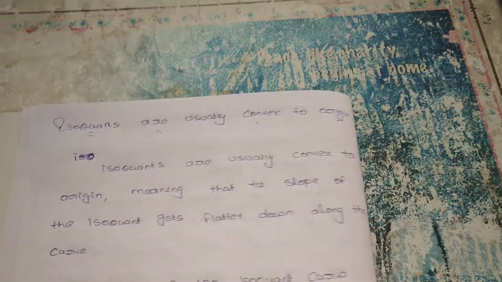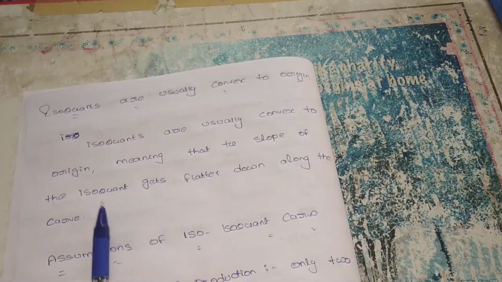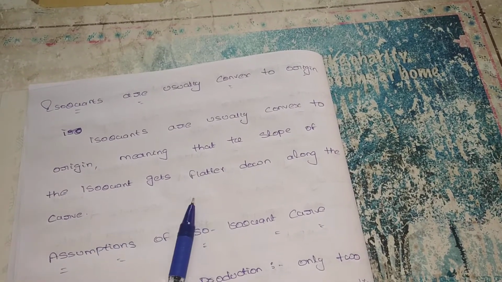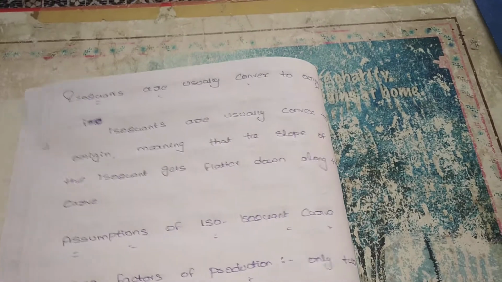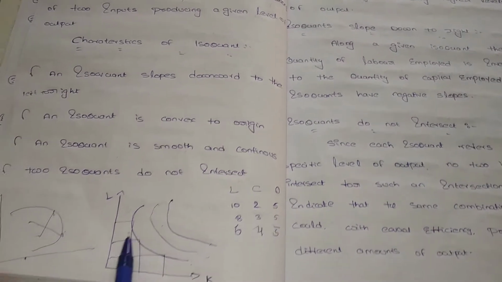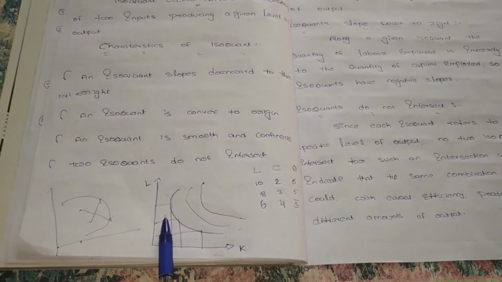Another property is there. Isoquants are usually convex to the origin. Already we showed it is convex. Why? Isoquants are usually convex to the origin, meaning the slope of the isoquant gets flatter along the curve. It becomes flatter. Every point gives the same level of satisfaction. So we can say it is convex to the origin. These are all the properties.